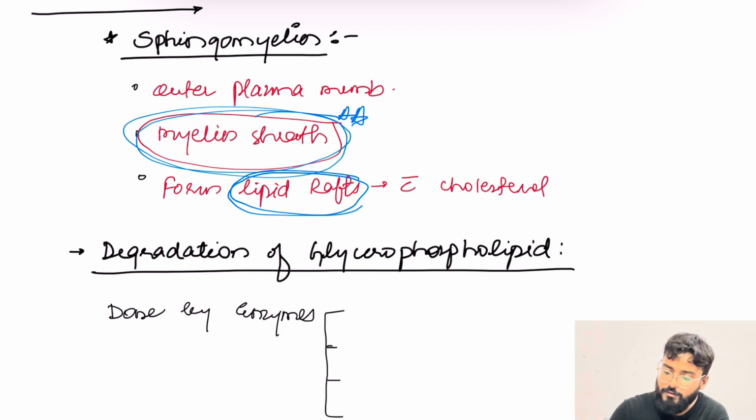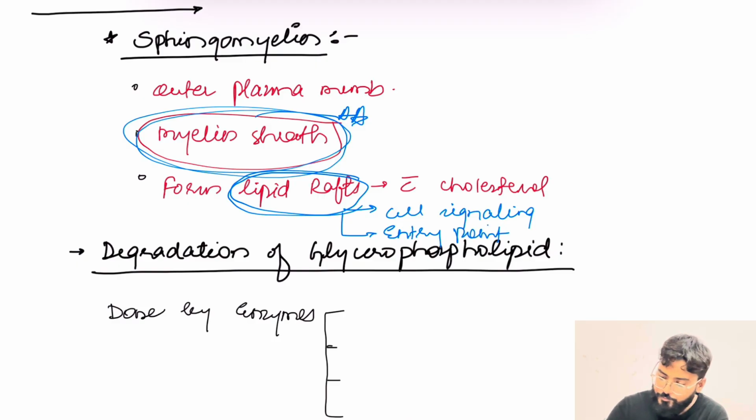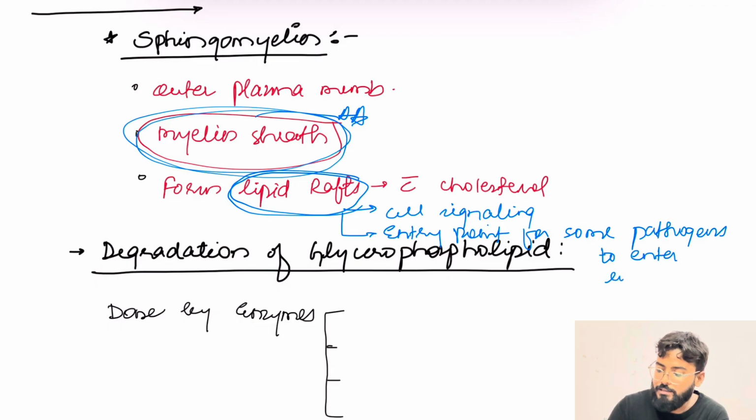So lipid rafts, first, are for cell signaling, and second, they are an entry point for some pathogens to enter inside the cell.